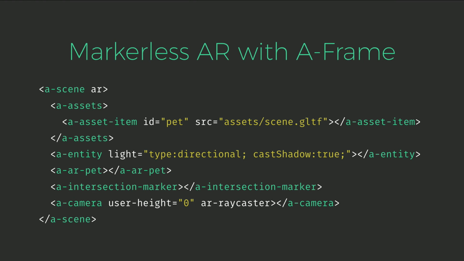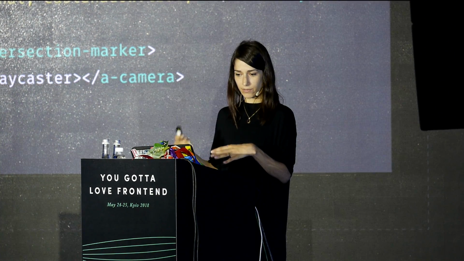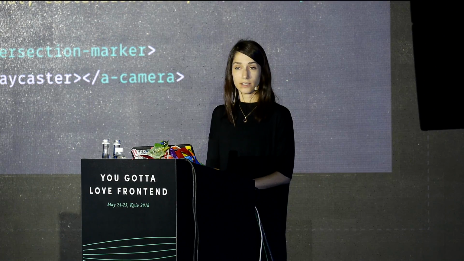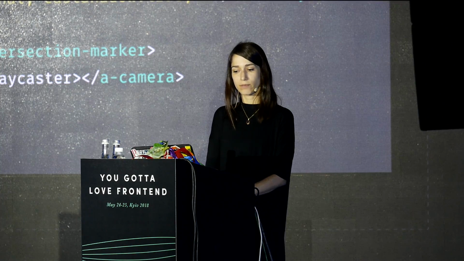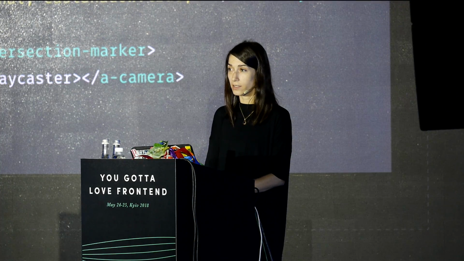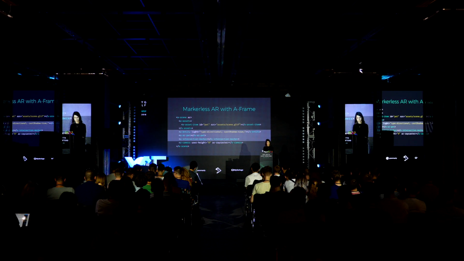So within the body tag of the HTML, we can use so-called A-Frame entities like HTML tags and attach components to them which give them behavior like HTML attributes. Here, to create an AR scene, we wrap everything within an a-scene tag, and that sets up our 3D scene. And then we can import assets within the asset tag, and this handles all the preloading and asset management for us.